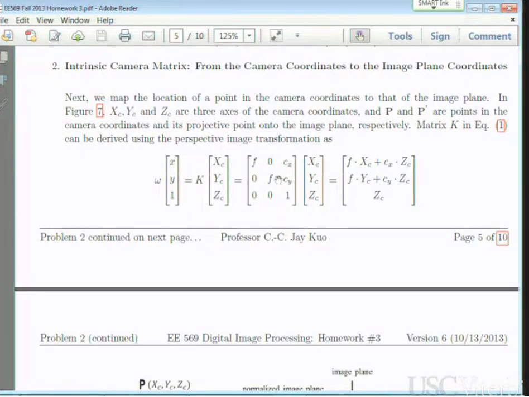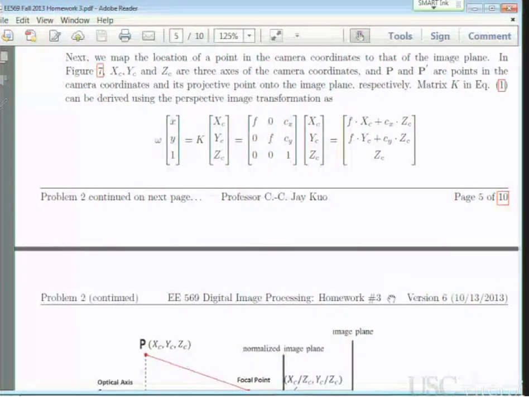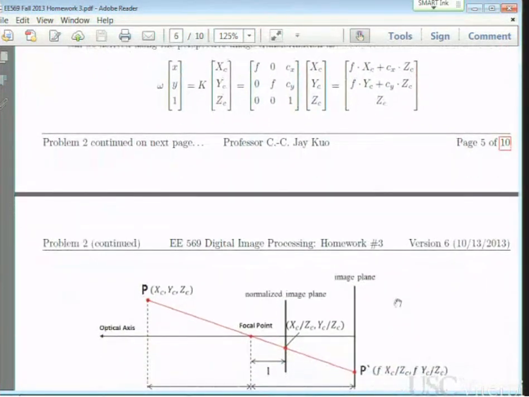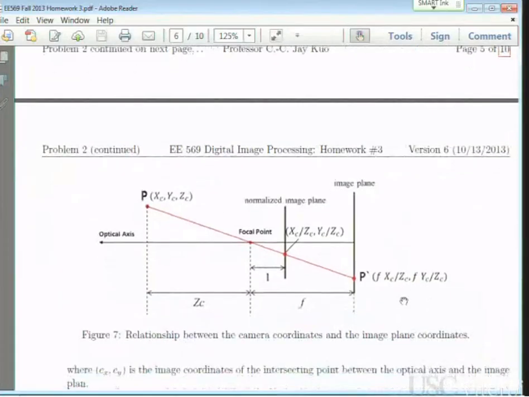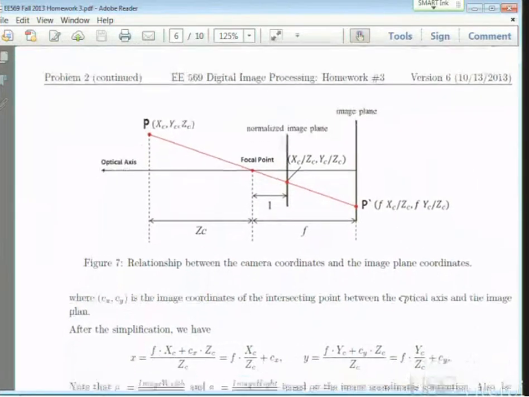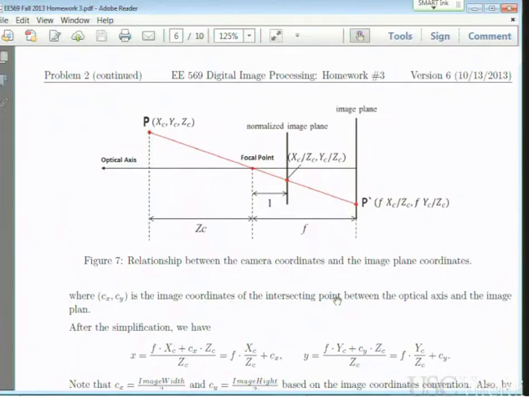Okay. Finally, the translation. Why do we need the translation? Because of Cx and Cy. There is a difference between the image plane center and the focal point.